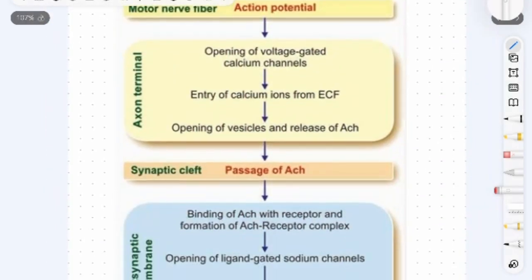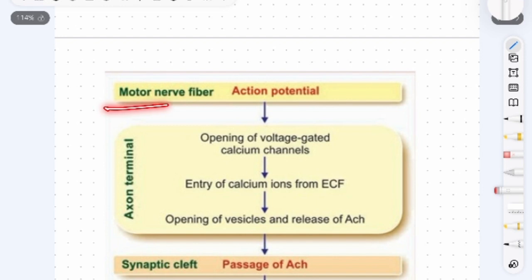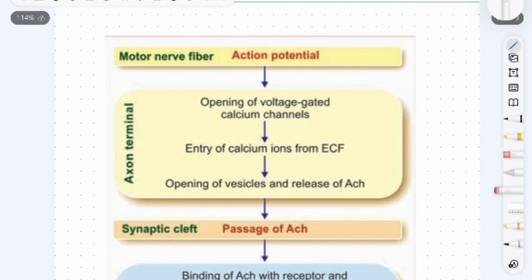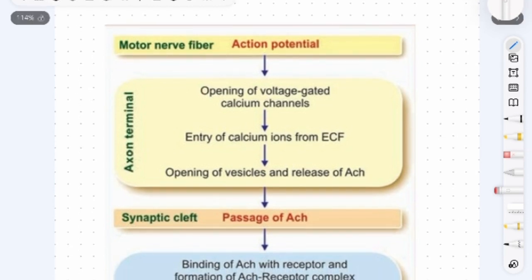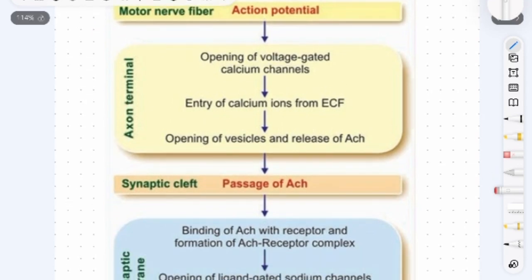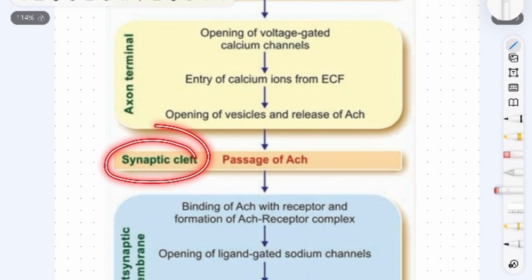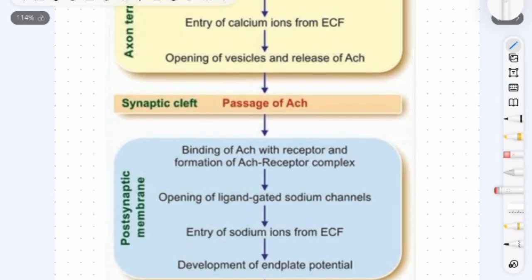Okay, now here is a small summary. As soon as the action potential arrives, it causes depolarization. Due to this depolarization, there will be opening of voltage-gated calcium channels. These calcium channels open, and there will be entry of calcium ions from the extracellular fluid, opening of vesicles and release of acetylcholine into the synaptic cleft, and binding of acetylcholine with the receptor and formation of the acetylcholine receptor complex.